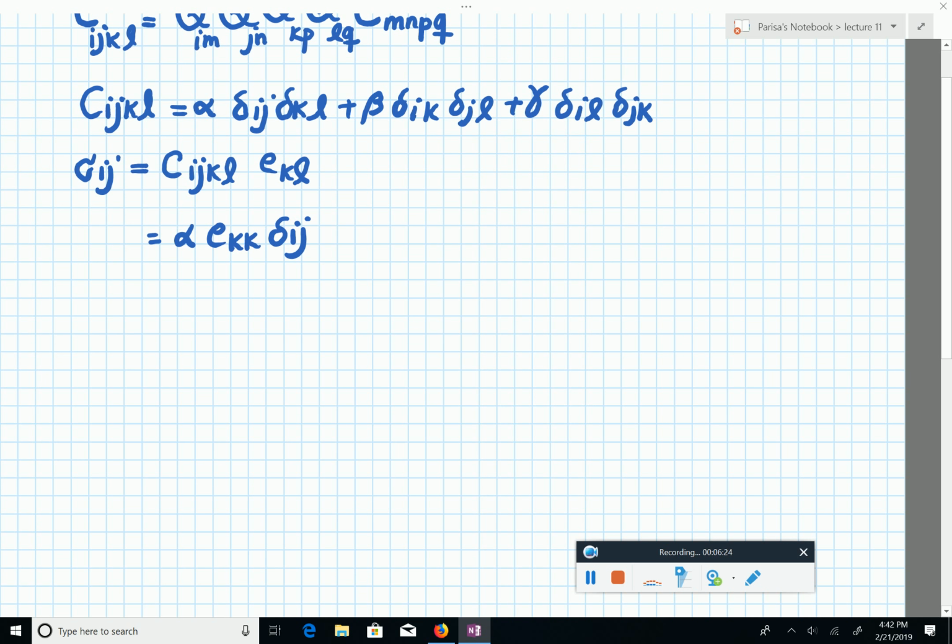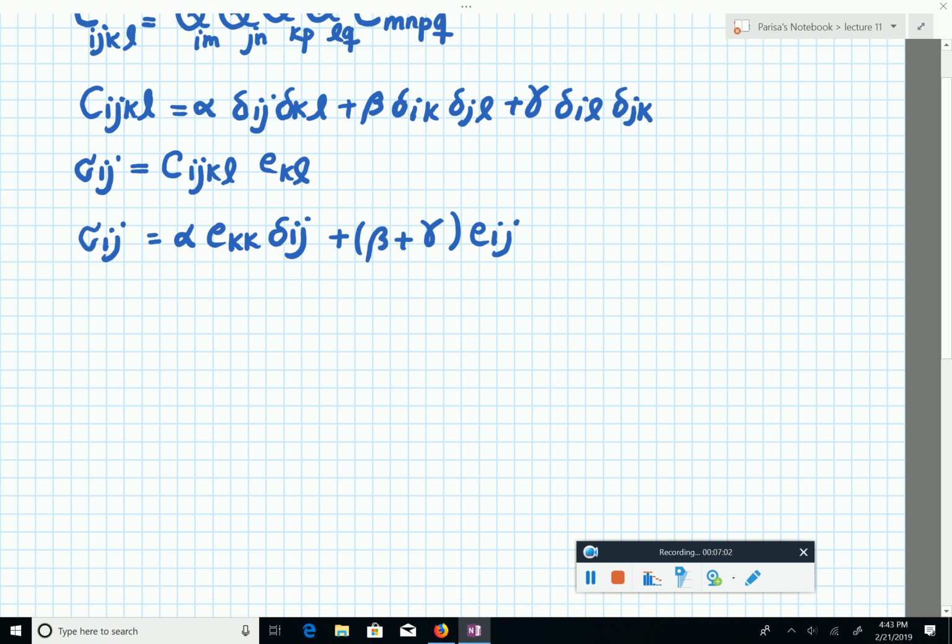Since many of you made this mistake, we cannot have more than 2 indices repeated. If you have 4, you have to use something else. You can't have ekk, ekk, ekk. This doesn't mean anything, right? For the other 2 terms, k and l are going to be substituted, becoming i and j. Then if I collect the terms, I'm going to get beta plus gamma eij.